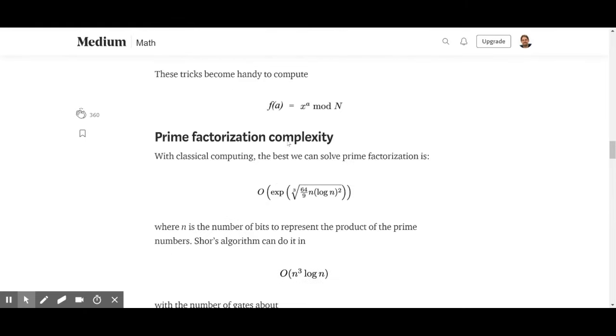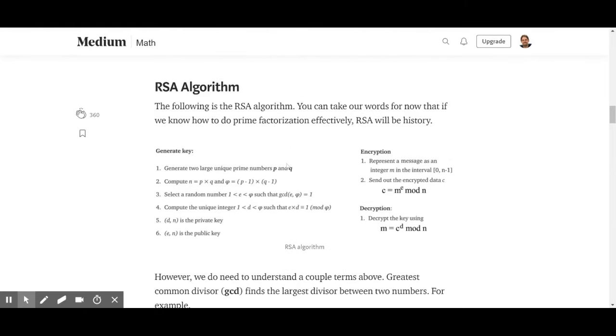Why? Let me just go back here for a second so I understand this well. You compute a large number n, which is the product of the two prime numbers. And then this number, which is basically p minus 1 times q minus 1. And you find a number e such that the common divisor between e and this number is 1.